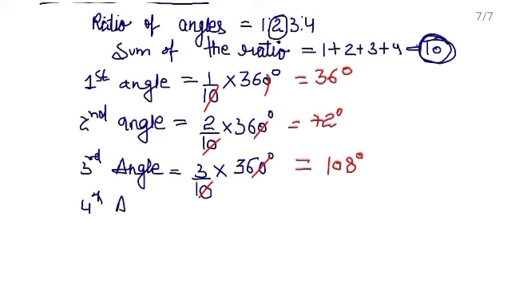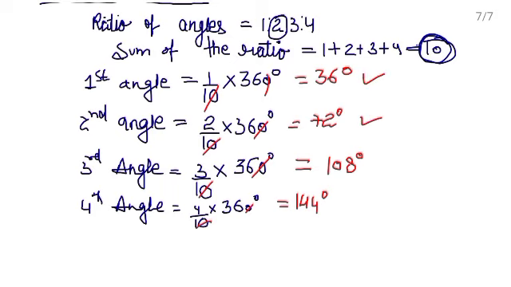The fourth angle is, write the fourth ratio 4 upon the sum of the ratios 10, multiplied by the sum of the angles. 0 to 0 cancel out. 4 multiplied by 36 is 144 degrees. So 36 degrees is the first angle, 72 degrees is the second angle, the third angle is 108 degrees and the fourth angle is 144 degrees. These are the four angles of the quadrilateral which they were asking in the question. So this is your answer.